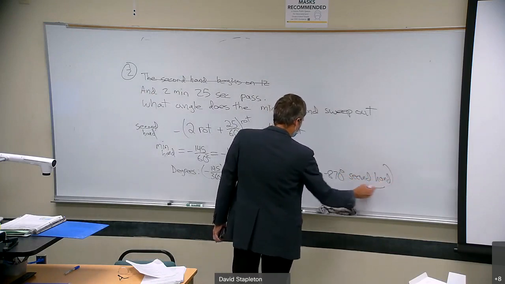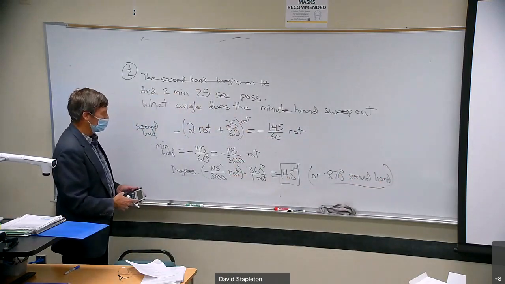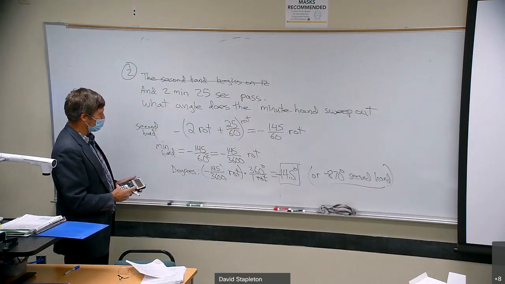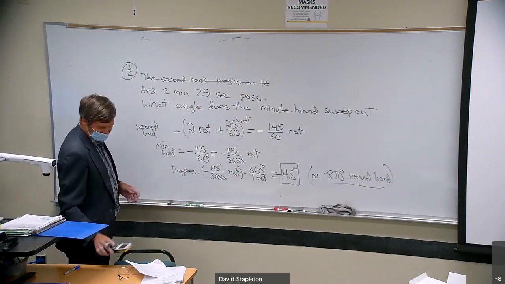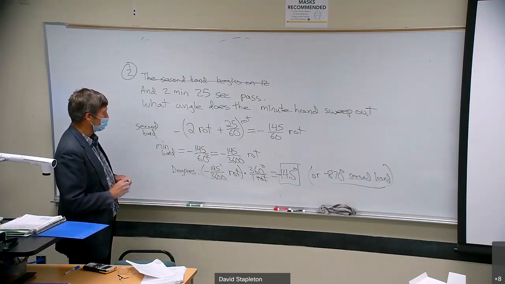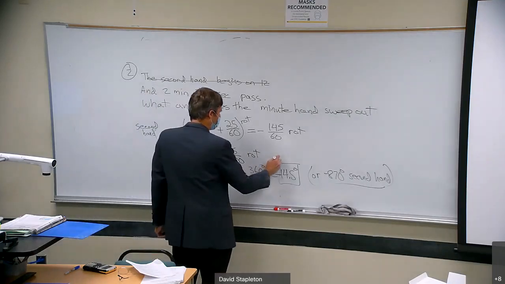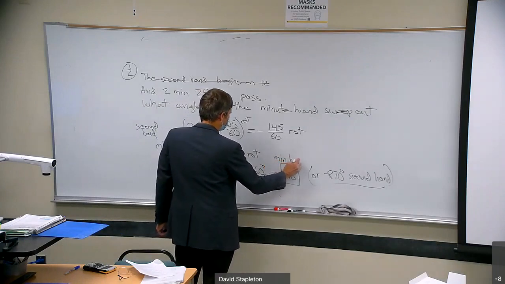Well, I graded it this way in the second hand, but then it switched to minute hand in the middle. Sorry about that. And if you put 14.5, come see me after. You're probably right. I got it right. All right. So I'll take either one of those answers. Either how far the minute hand went, or how far the second.